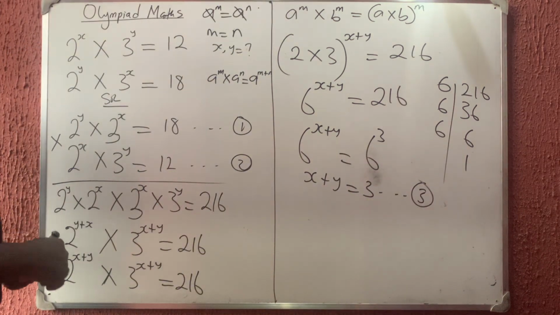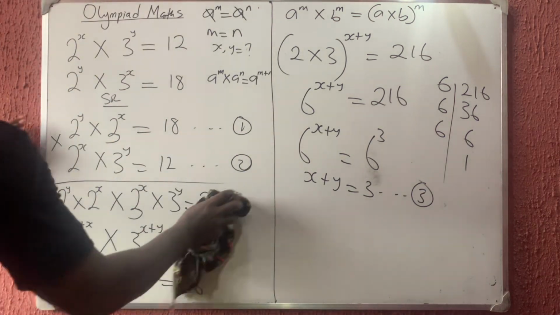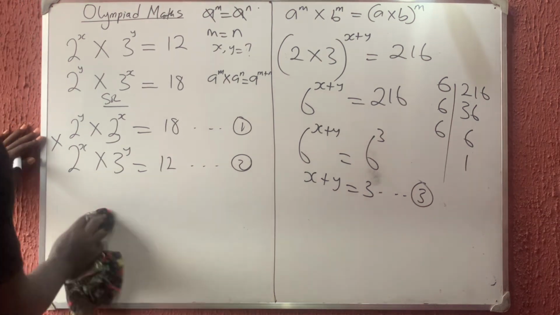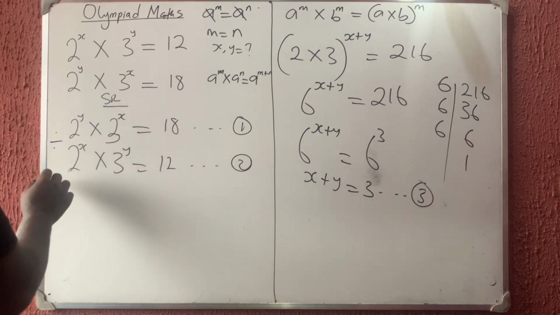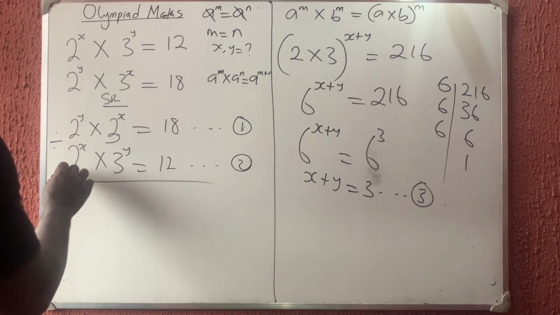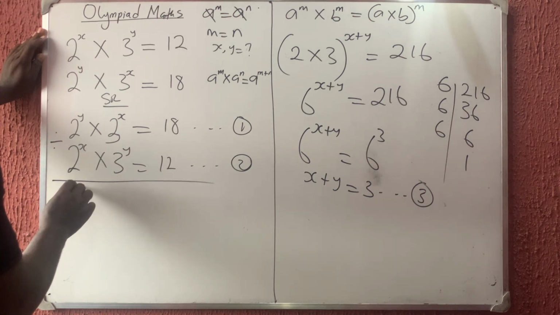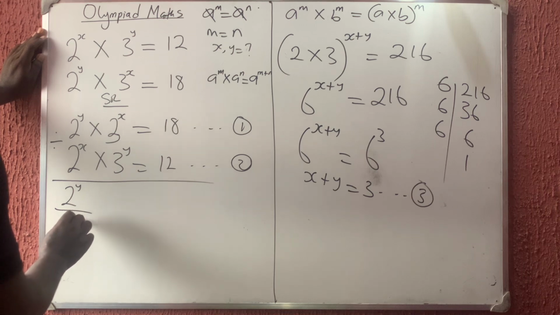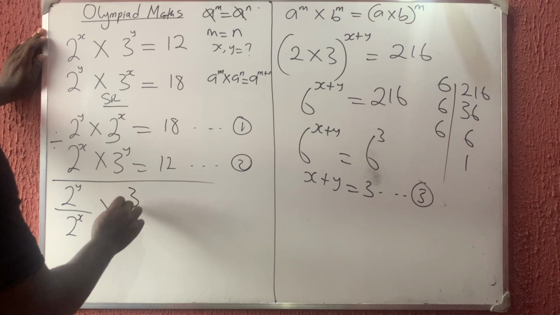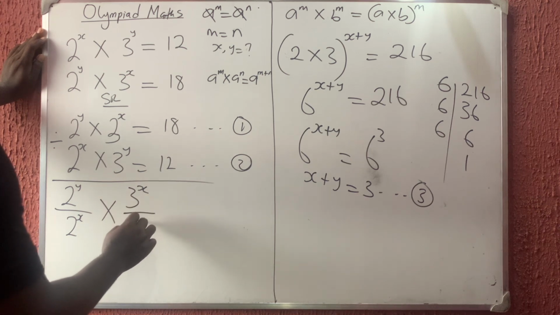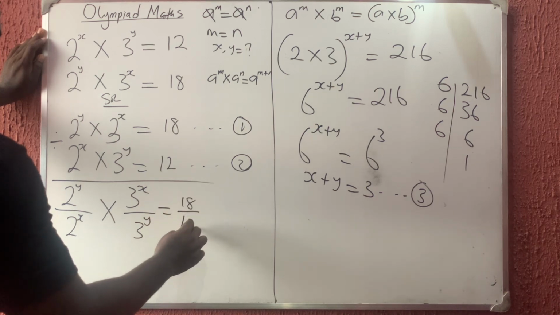Now, calling this equation 3, coming back to our equation 1 and 2, let us divide them and see what we are going to have. Dividing equation 1 by 2, this is going to be 2 raised to power y divided by 2 raised to power x, times 3 raised to power x divided by 3 raised to power y, is equal to 18 divided by 12.